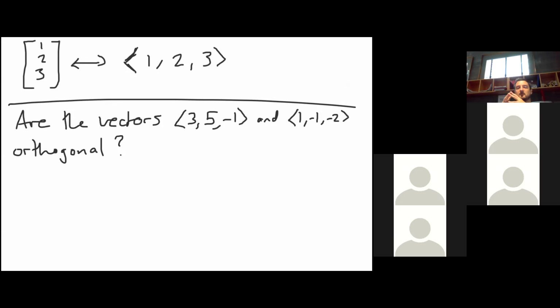I want you to answer the same way. Just type it in. Don't hit enter until I say 3, 2, 1, go. I just wanted you to see that there is a slightly different notation that is commonly used, and I want to make sure that you are exposed to it. But the process, the idea does not change. Find the dot product. If it's equal to 0, they're orthogonal. If it's not equal to 0, they are not orthogonal.